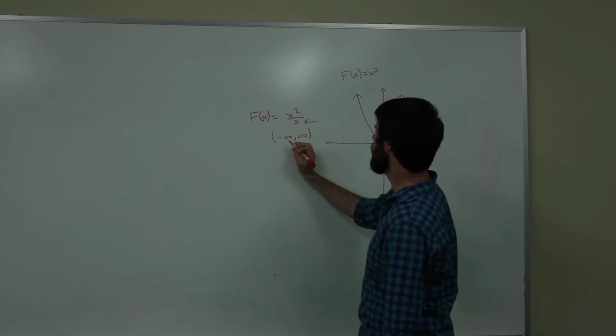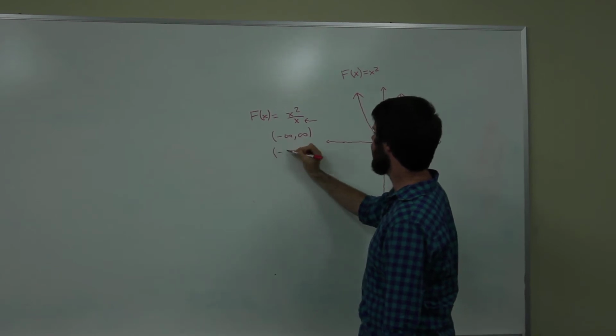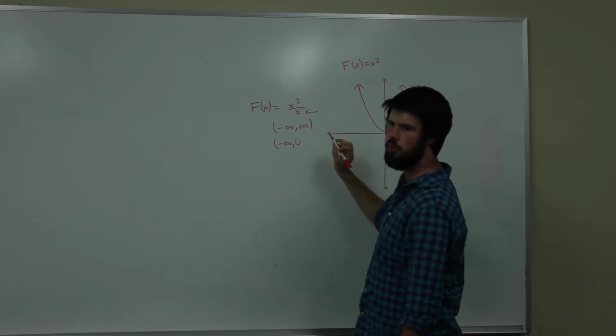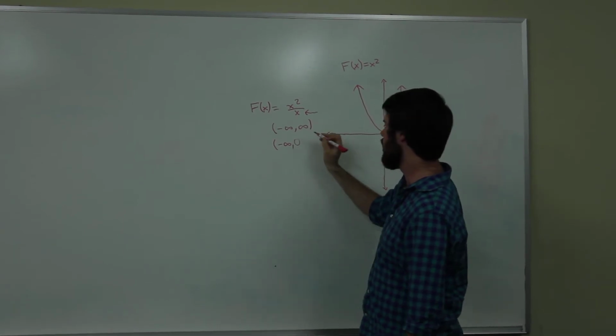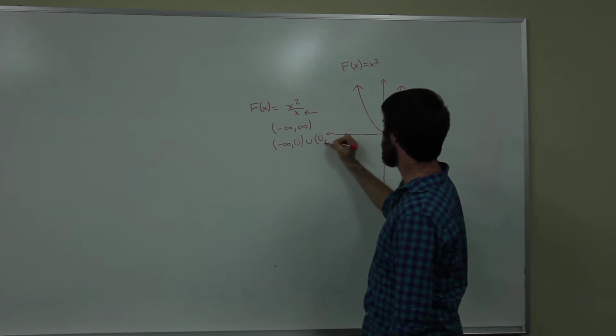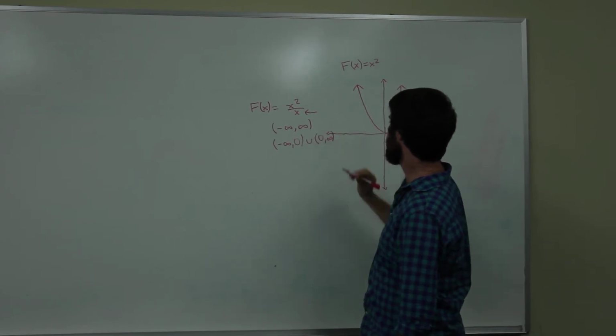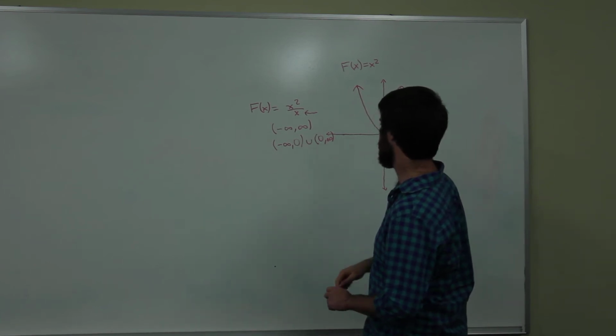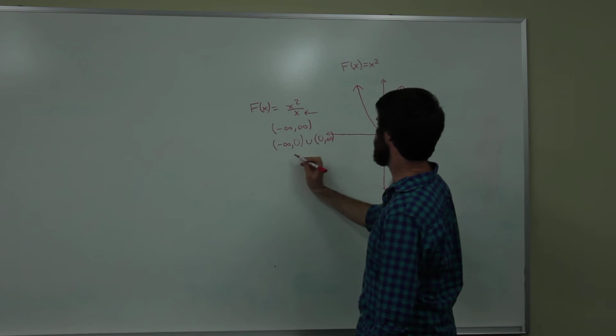And so we have negative infinity to 0 because we know we cannot include 0 in our domain. And so we use another parenthesis here. And then we have 0 to infinity. Running into my graph a little bit there. So let's talk about the brackets versus parentheses real quick again.